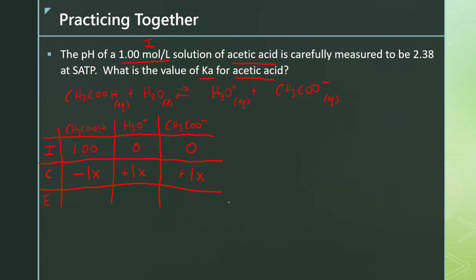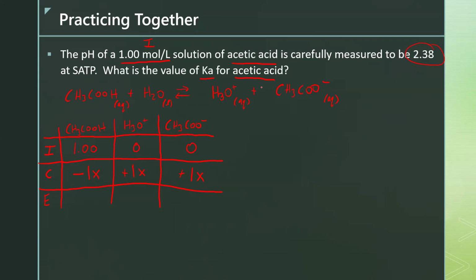Now, as for equilibrium conditions, we're kind of hooped for a second here. We don't have any equilibrium moles per liter given to us. The best thing that we have is the pH of 2.38. I need to stress the importance here: there is a formula that links pH to your H3O+ concentration, and the unfortunate thing is this formula is not provided to you.